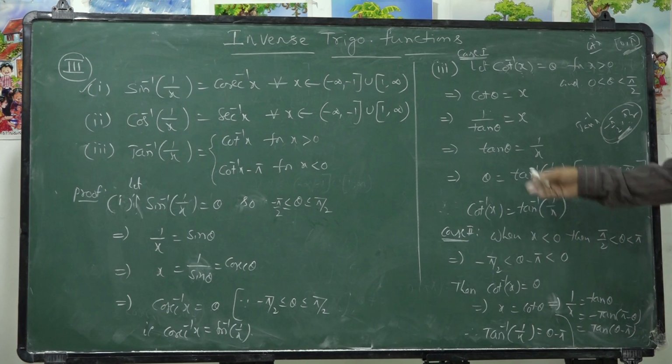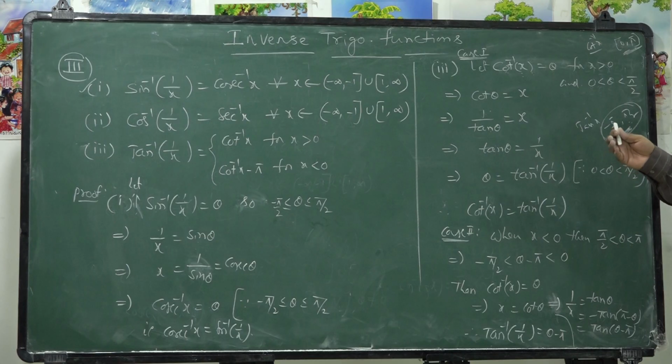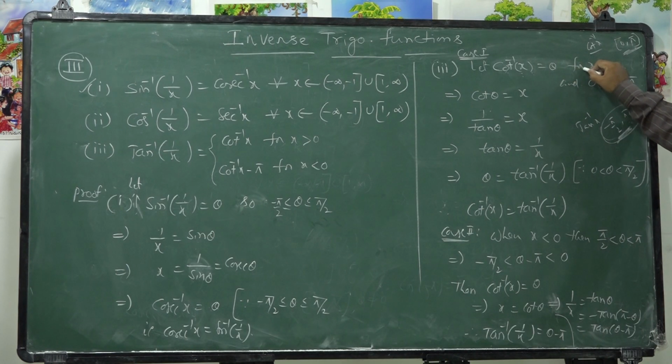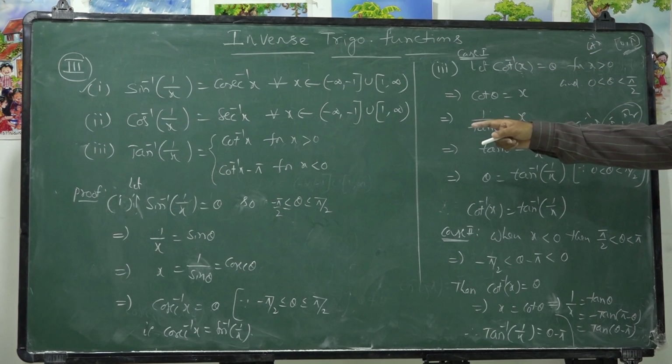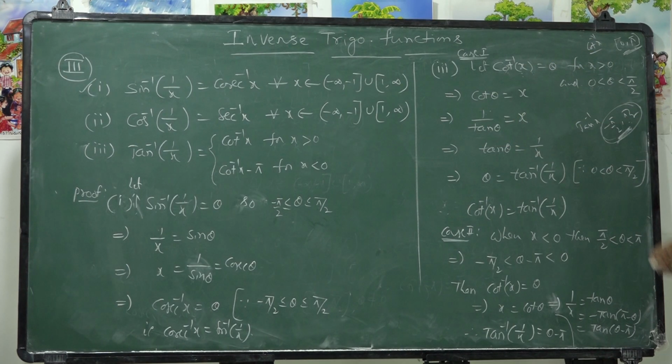So this is the proof of tan inverse of 1 by x equal to cot inverse x minus pi for x less than 0. For x being positive, tan inverse of 1 by x is cot inverse x. X being negative, tan inverse of 1 by x becomes cot inverse x minus pi. This is property 3.